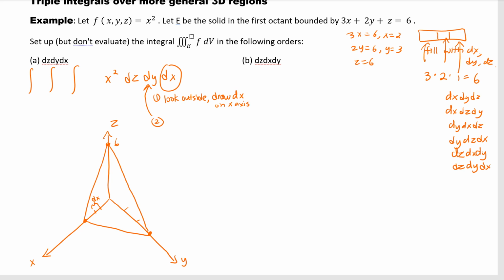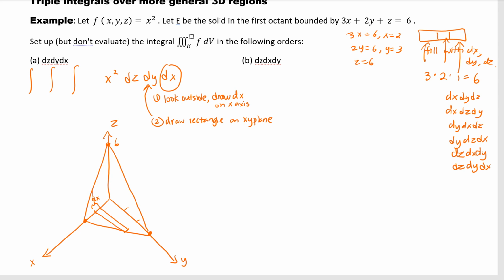Dy means we draw our small rectangle on the xy plane. Because the first step we get dx, the second step we have dy. Then we draw this little rectangle on the xy plane. What does that mean? You draw the plane that is perpendicular to the z-axis, and this is the rectangle.